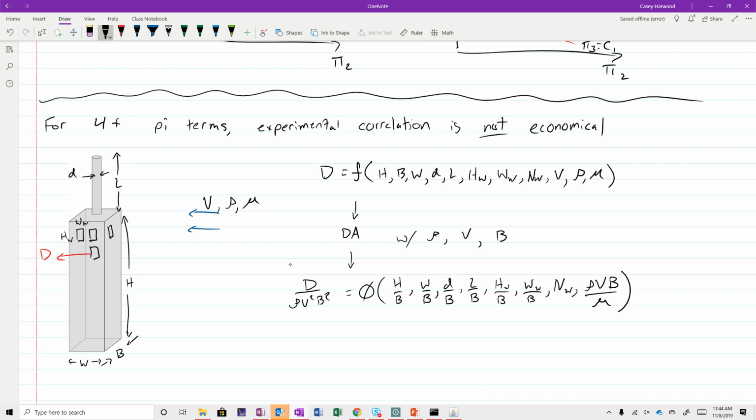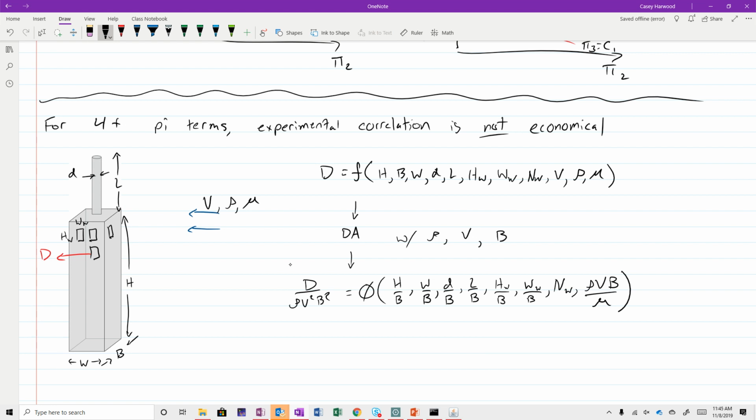So you can see in this case, these are the pi terms, say pi 1, 2, 3, 4, 5, 6, 7, 8, 9, that come out of applying this method of repeating variables with these repeating variables selected.